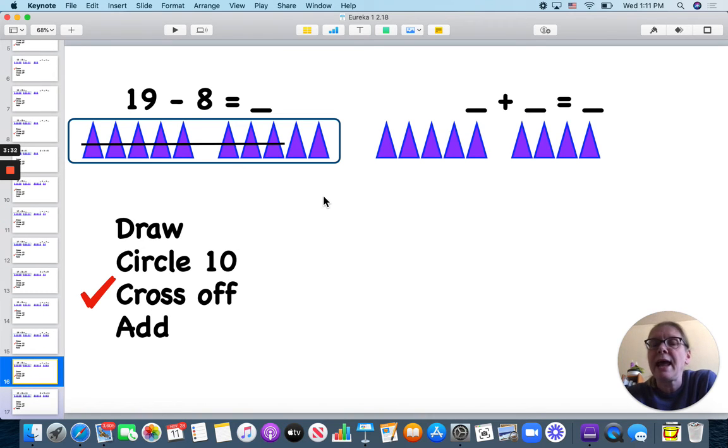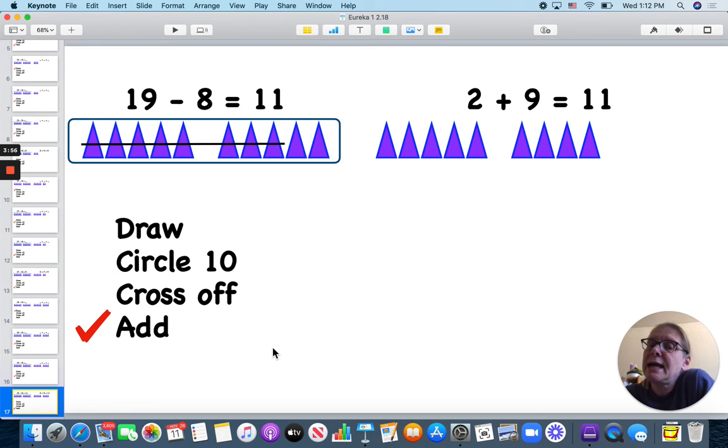Now we have to add what's left in our circle group and what is outside our circle group. So we have 2 leftovers inside our circle group and outside we have our 5 and our 4. 5 and 4 is 9. Good job. So we have to add 2 and 9. 2 and 9 is 11. So that means 19 minus 8 equals 11.